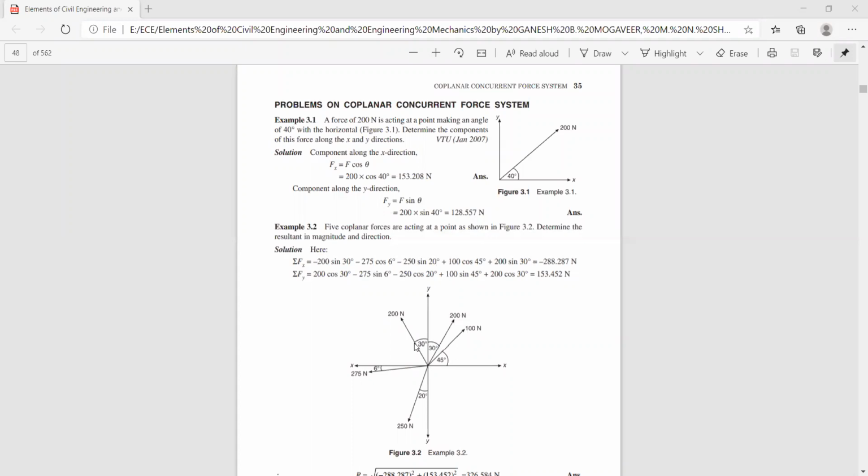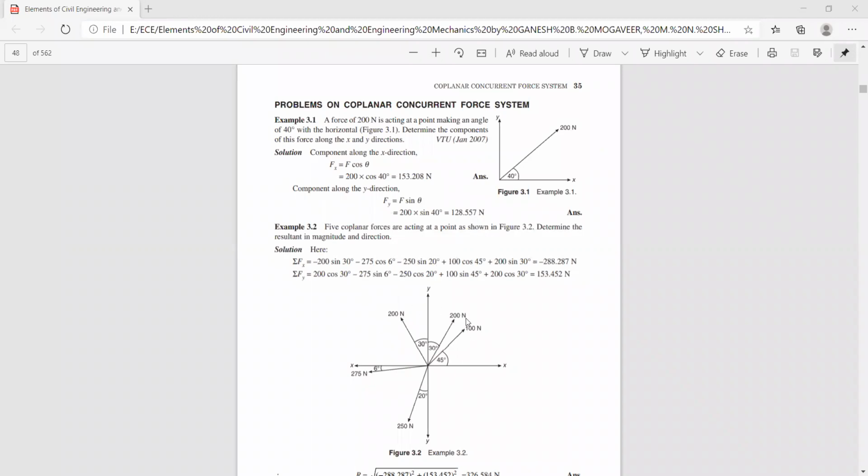It is making an angle of 30 degrees with respect to the y-axis, and again you have a force of 275 Newton, which makes an angle of 6 degrees with respect to the x-axis. Again you have one more force, that is 250 Newton, which makes an angle of 20 degrees with respect to the vertical axis.